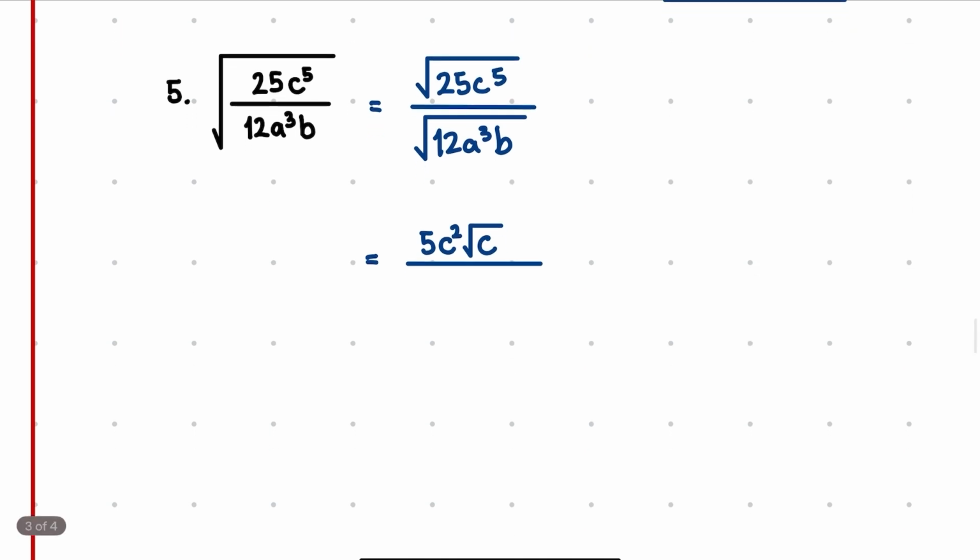And then for the denominator, take note that 12 here can be viewed as 4 times 3. 4 is a perfect square. I think we've seen that earlier as well. And then a cubed here can be viewed as a squared times a. Then we just leave b since it doesn't have any exponent, so we can't move it out of the radical. What we'll be able to move out of the radical is the 4 here, since it's a perfect square, which is equal to 2 squared.